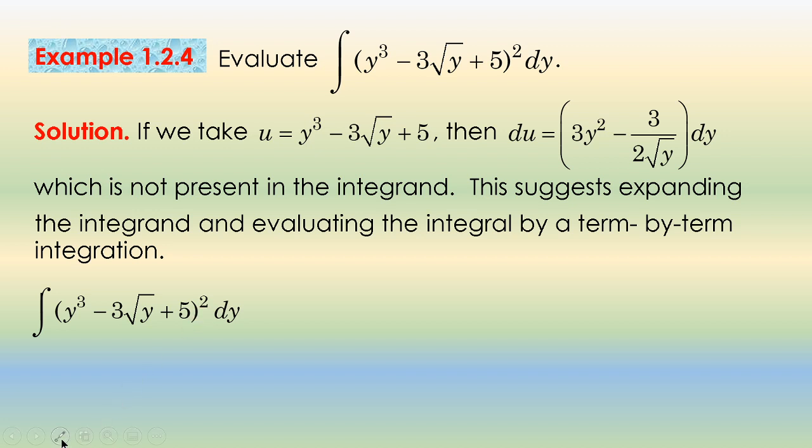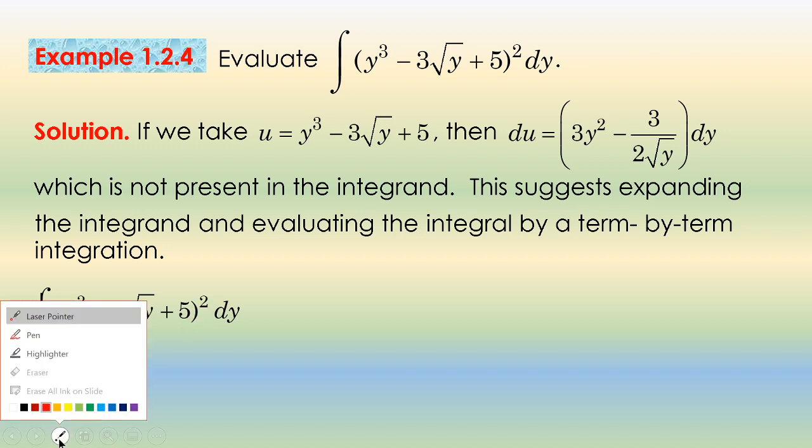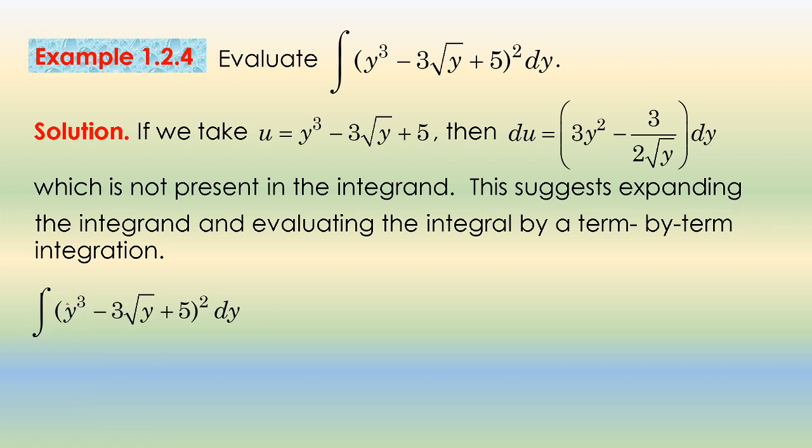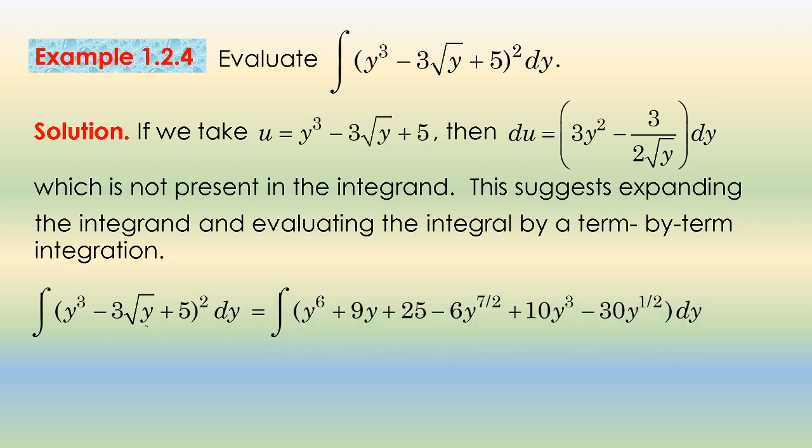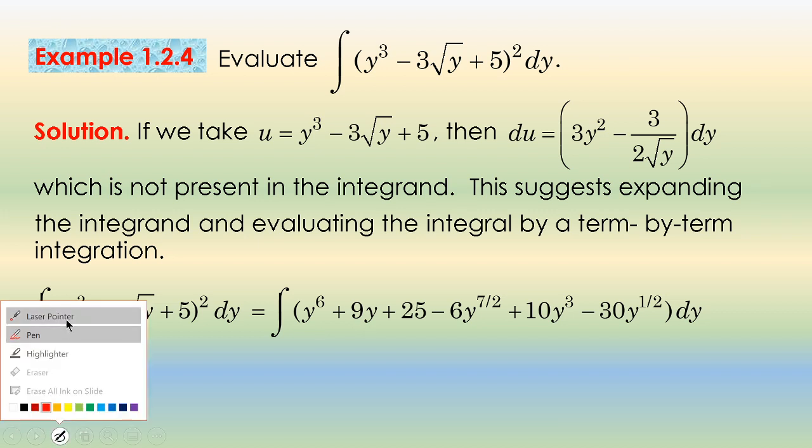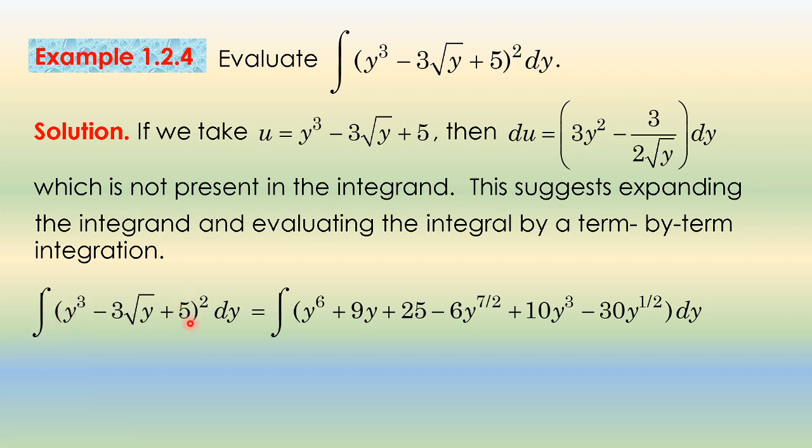That is actually squaring of a polynomial. So we square the first, that is y to the 6th, plus the square of the second, that is 9y, plus the square of the third term, that is 25.